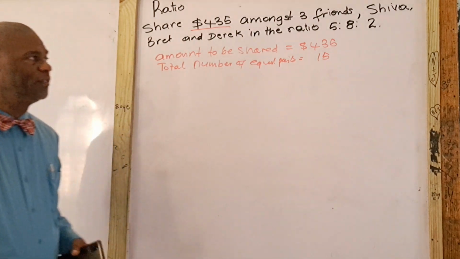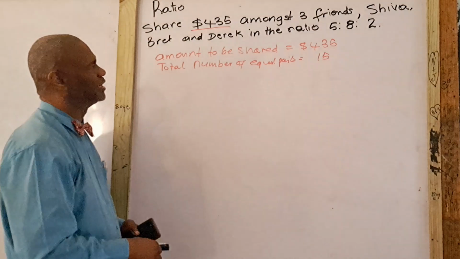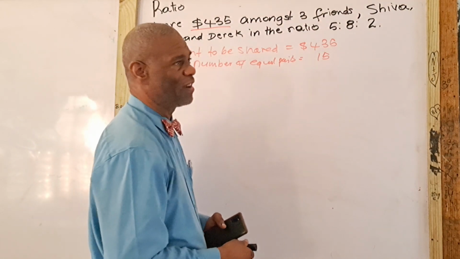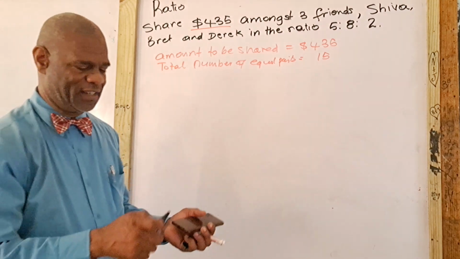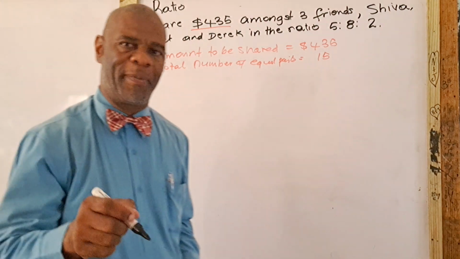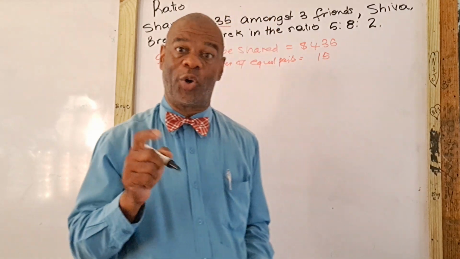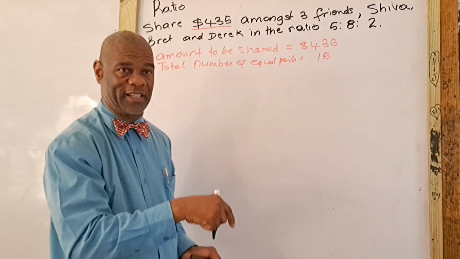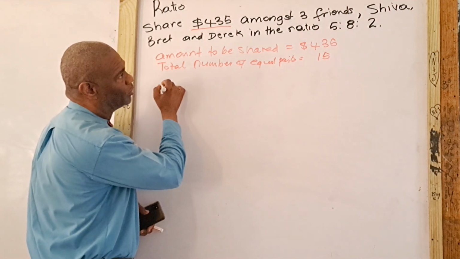Alright, now, we could have also, since we know that Shiva's share is 5 parts, right? This is what we could have done. That 5 parts is out of how many parts? It's out of, very good, 15 parts, right? So, who's that now?